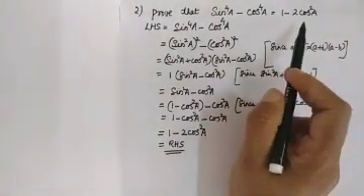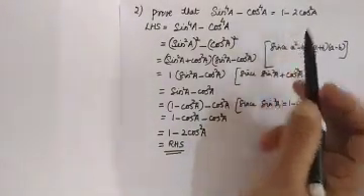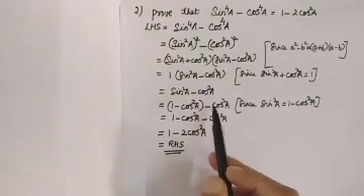You have to see what is on the right side, accordingly you have to change. If the right side is in terms of sine squared A, you have to write cos in terms of sine.